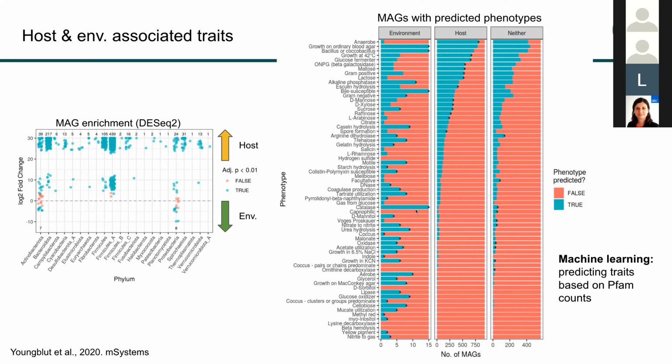The environmental clades were also highly enriched with catalase trait and biosusceptible, suggesting they're not really adapted to the host gut environment. Whereas for host MAGs, they could grow at a higher temperature, but also various sugar consumers. So we're trying to get at what adaptations are, what phenotypes are selected for these particular biomes, the environment biome and the host associated biome.